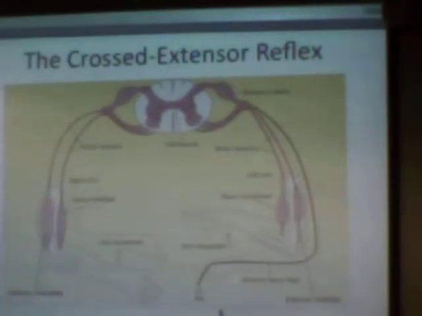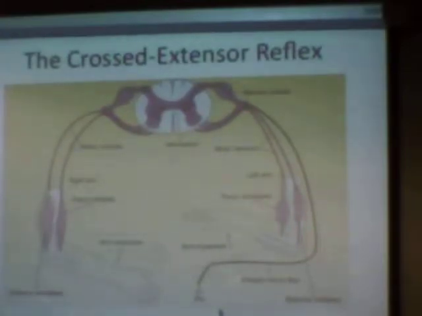So if one hand is withdrawn from the hot plate, the other arm extends, pushes you away. My left foot goes onto a thumbtack, my left leg flexes, the crossed leg, the opposite leg, extends. So you could draw the neural circuitry of this. You activate the extensors, inhibit the flexors on the contralateral side.